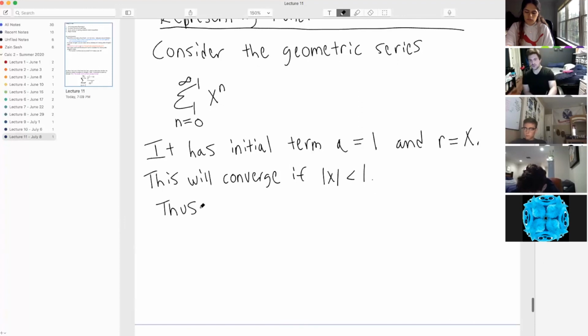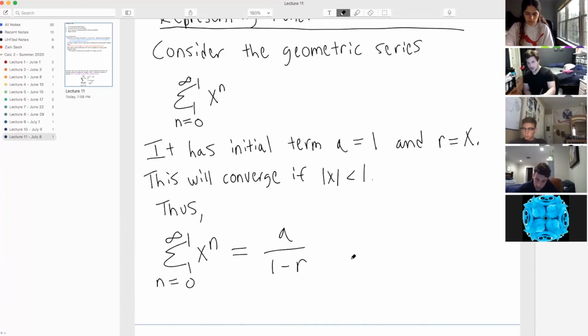Do you guys remember our nice formula for what a geometric series converges to if the ratio is less than 1? Thus, we actually have a nice closed expression for this. The sum from n equals 0 to infinity of x to the n equals a over 1 minus r.